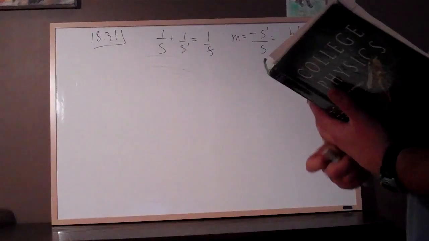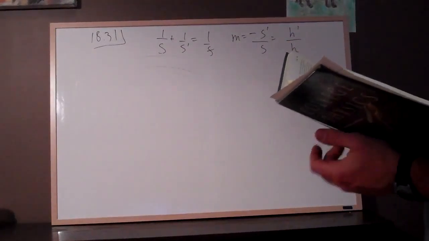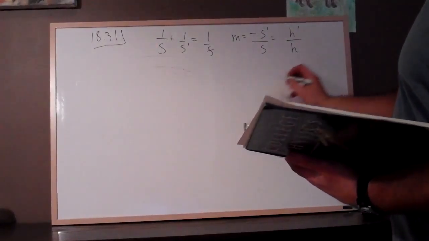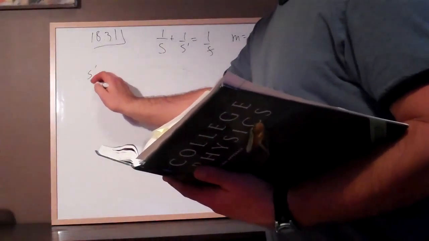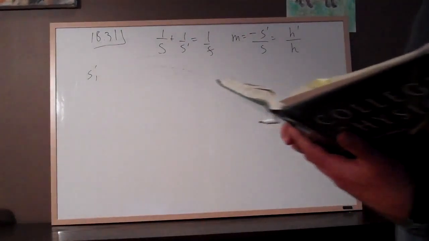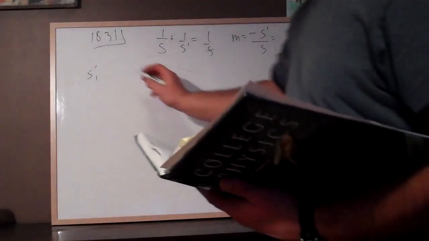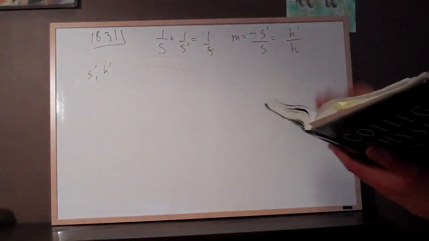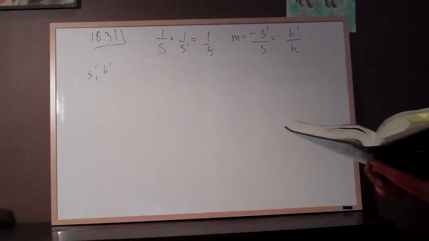So in this problem we're supposed to calculate the image position. So we want to find s prime and also the height. Hopefully from these two equations, this is really what it comes down to. We can find this.